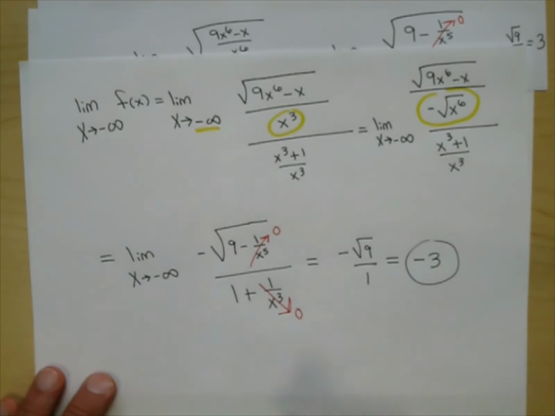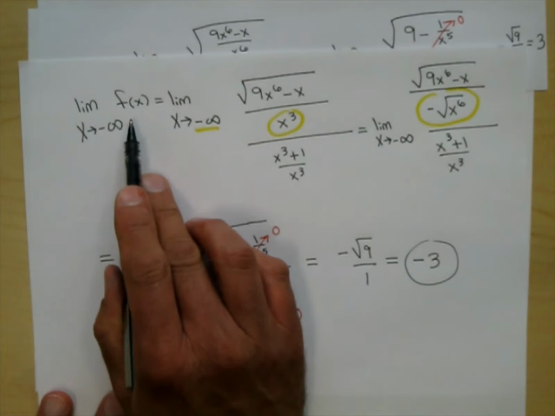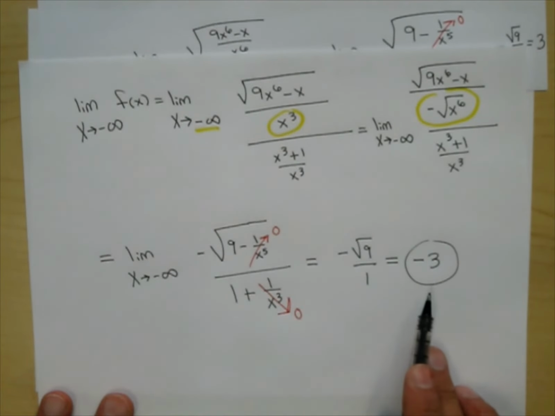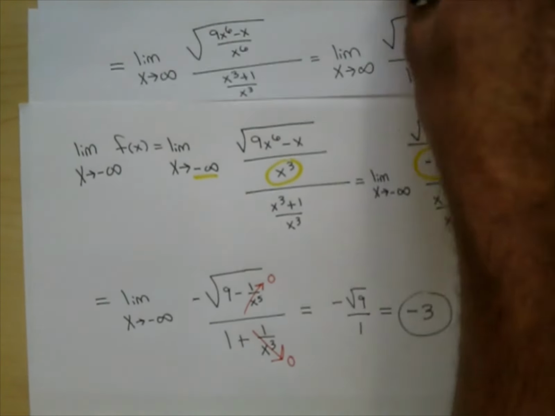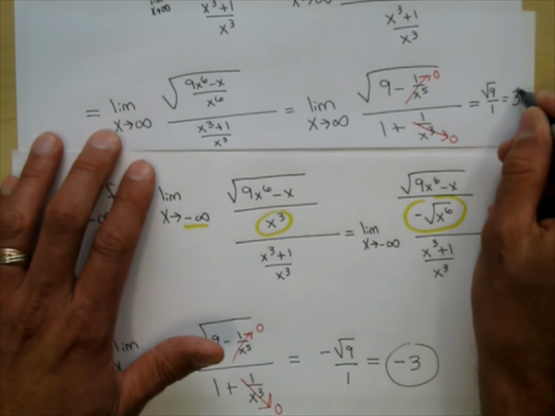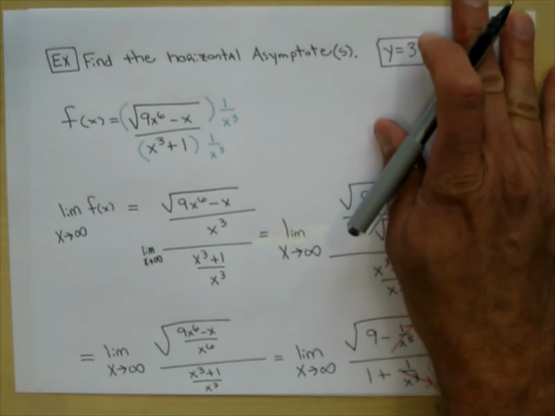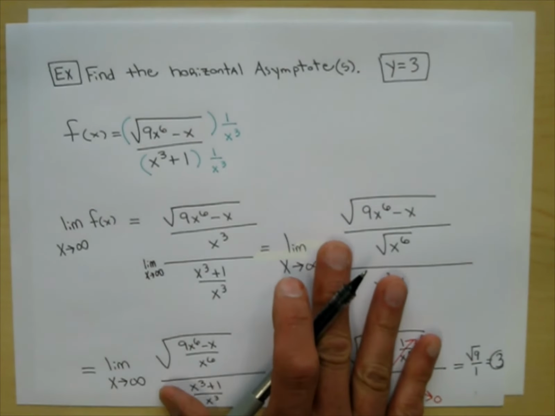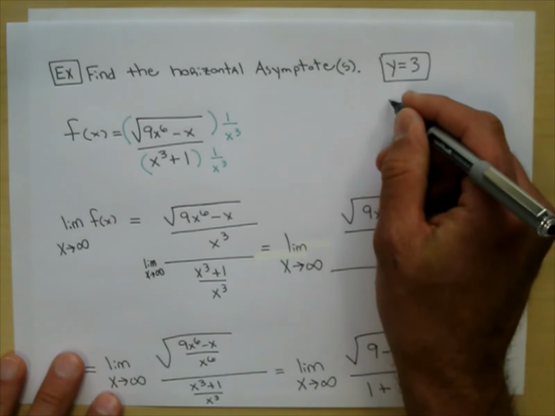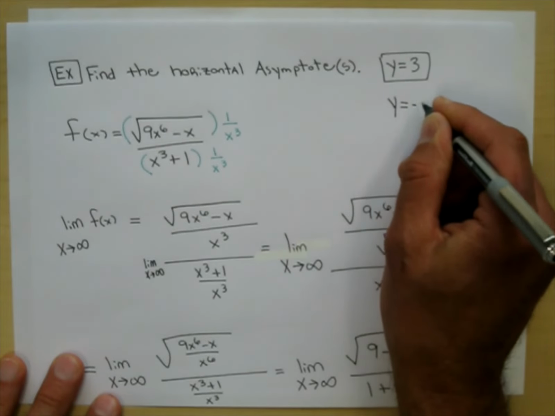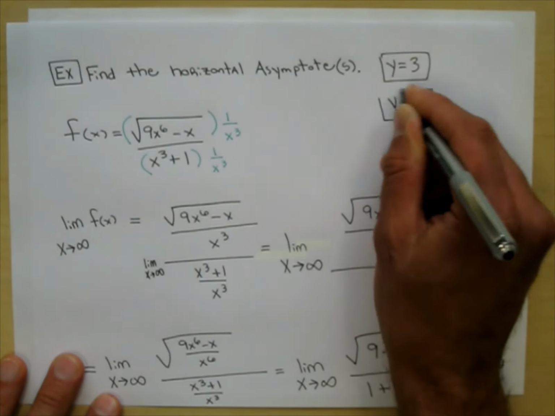So as you're going off to the left and following the graph, it is getting closer and closer to negative 3. When you went to the right, it went to 3. So this actually has two horizontal asymptotes. Y equals 3, y equals negative 3. And so there's the answer.